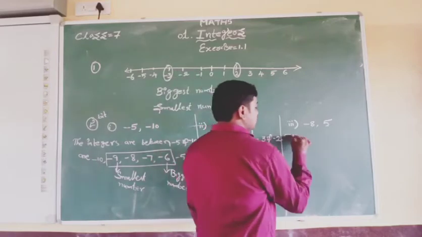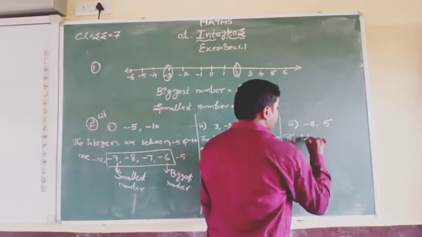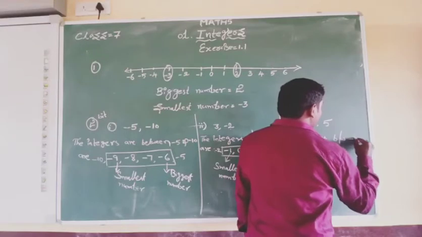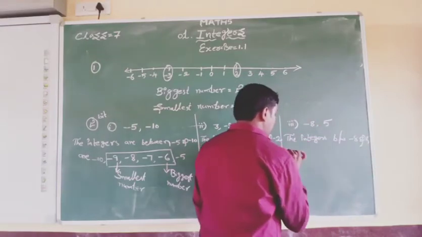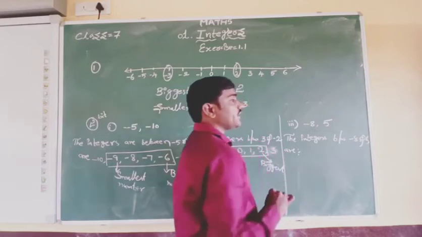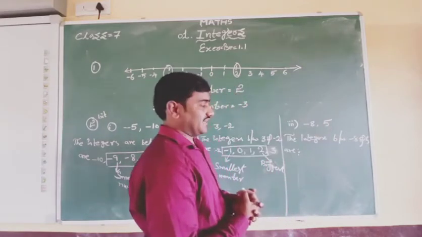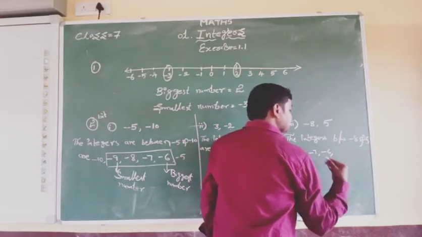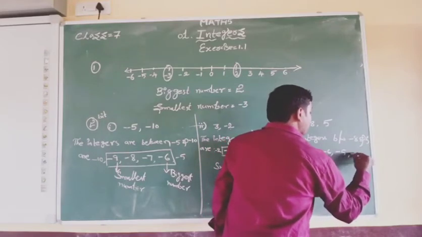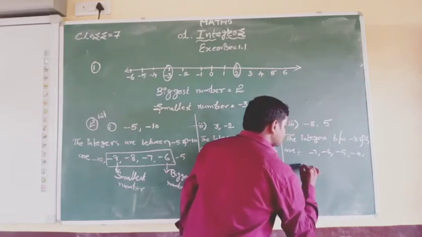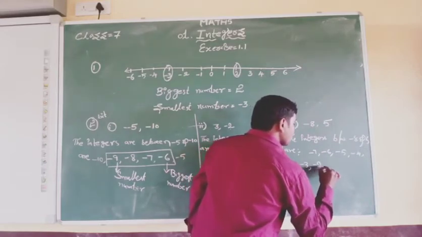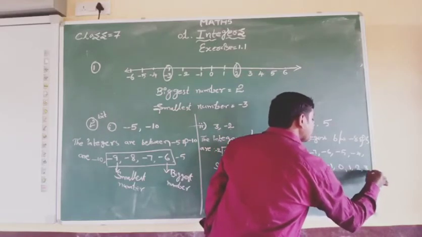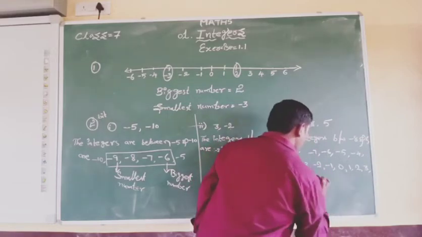Here also we will solve the integers now. What are the integers lying between minus 8 and 5? Let us write. After minus 8, we get minus 7, minus 6, minus 5, minus 4, minus 3, minus 2, minus 1, 0, 1, 2, 3 and 4.